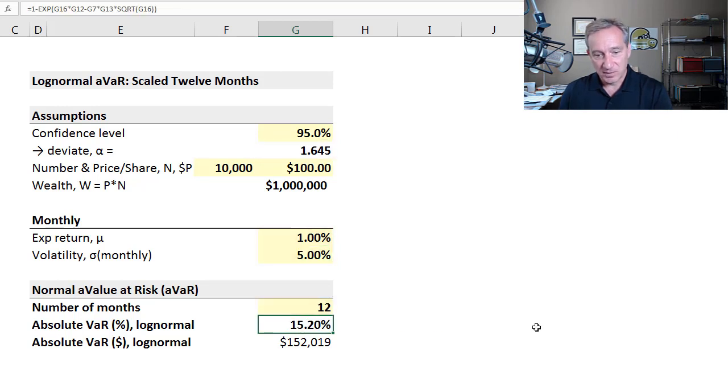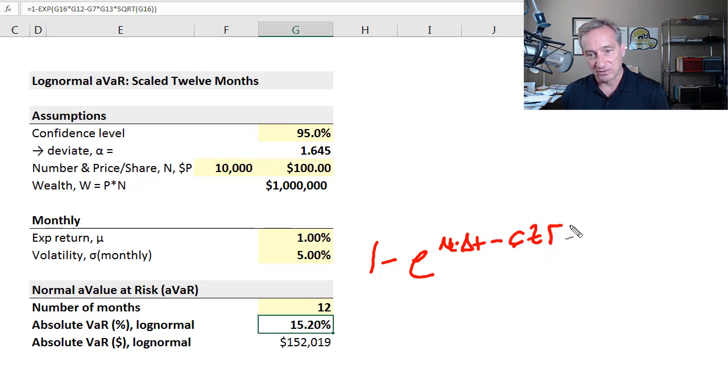And the formula is exactly the same as before. In percentage terms, we're going to say 1 minus E raised to the quantity mu, but this time we're going to scale the mu by time, and we're going to subtract volatility multiplied by the Z deviate, scaled by the square root of time.